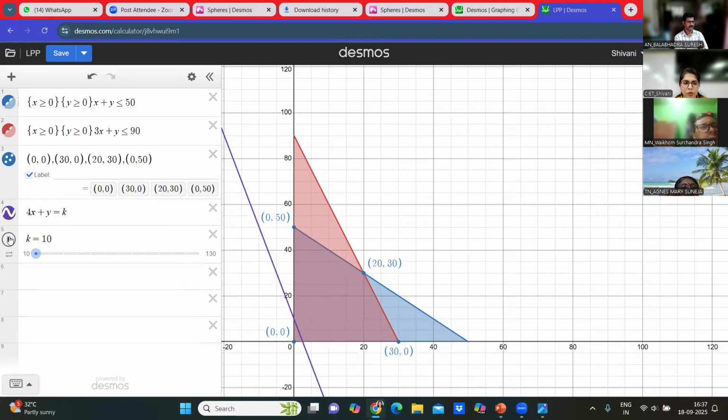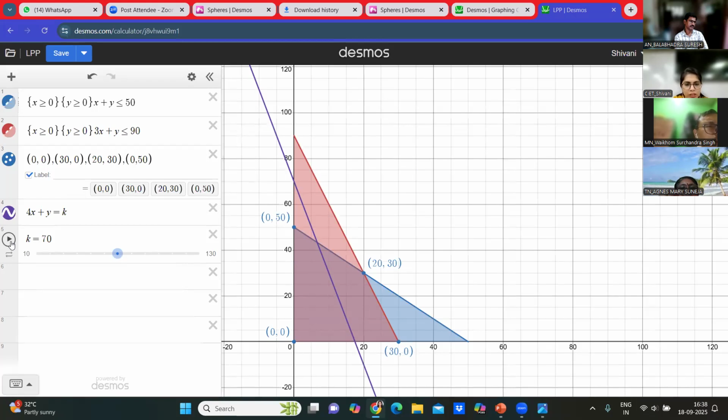Now I have put one slider on K. You can see this is a very beautiful concept: when K is minimum, this is the line which cuts this point first. So this is the minimum at 0, 0. And where it is maximum, as we are moving on this line, if it touches 0, 0, then 0, 50.